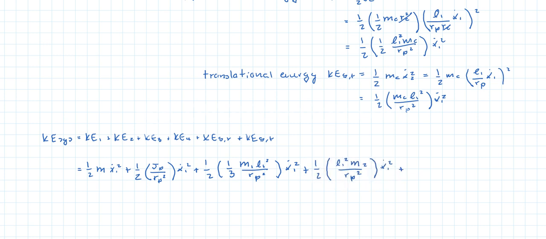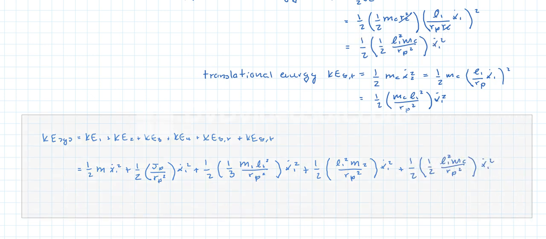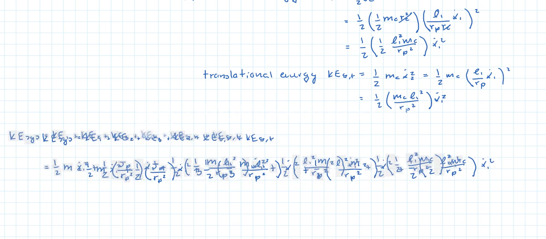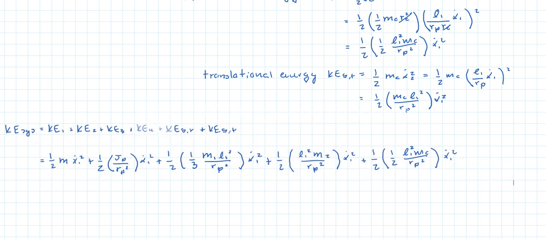Number 5 rotational is here. So we're going to move it to the left even more to accommodate our last term, which is the translational energy of the cylinder. Almost didn't have enough space.